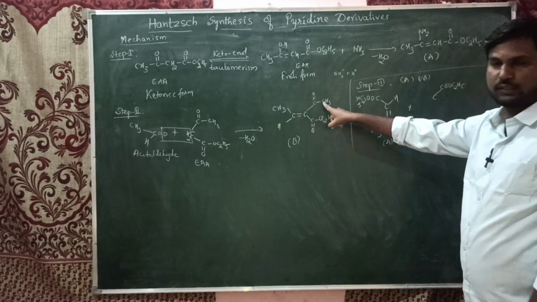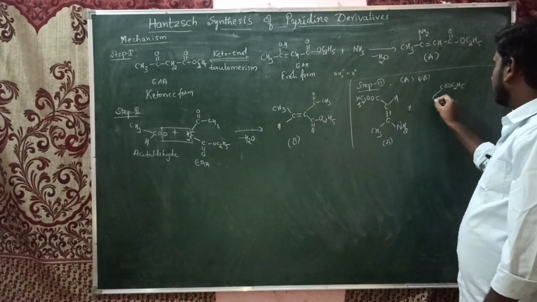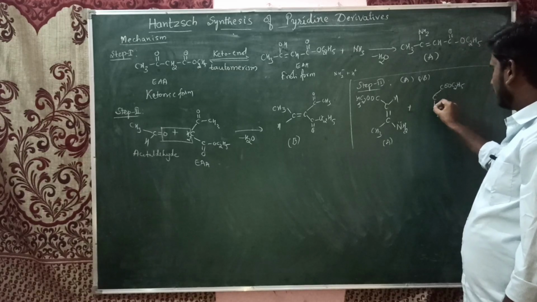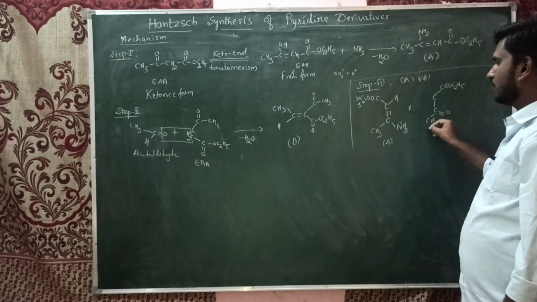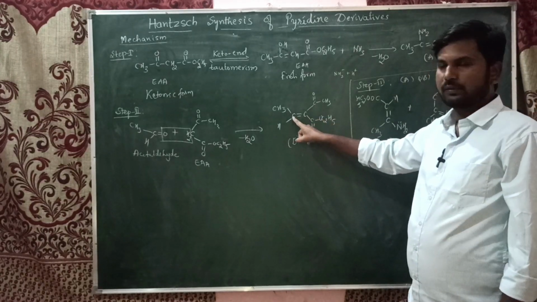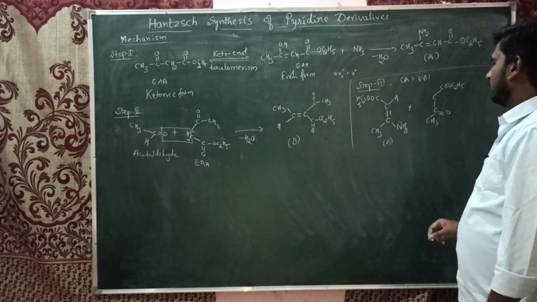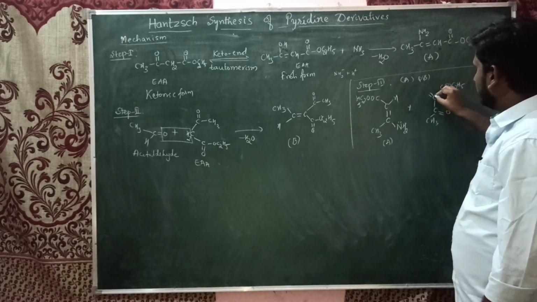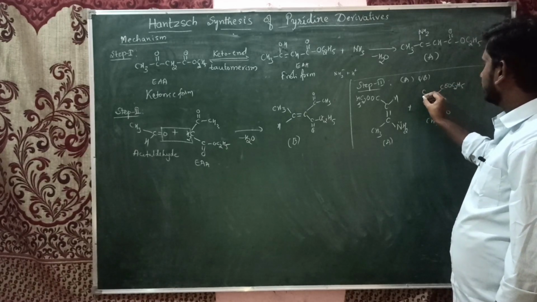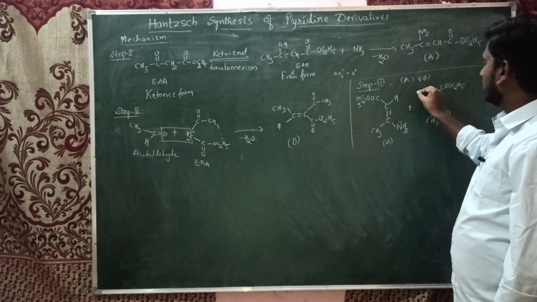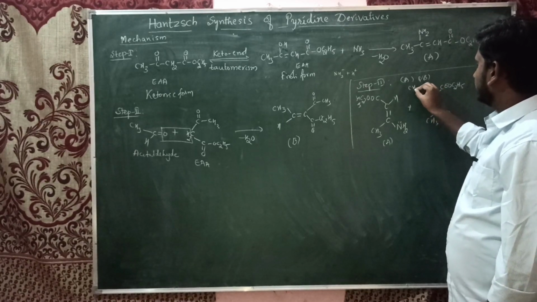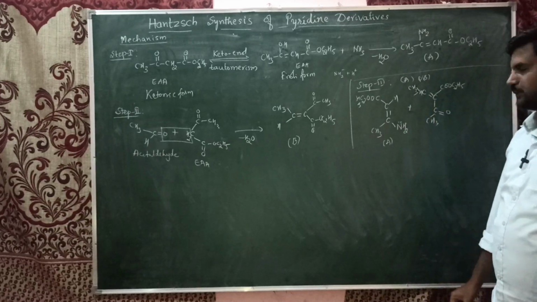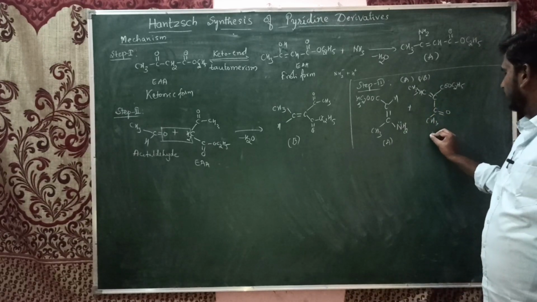This carbon is attached to a ketonic group, so let me take that ketonic group, COCH3, and this carbon has a double bond with this ethyl derivative. So the double bond carbon has a hydrogen, and this is linked with CH3. Okay, this is B.